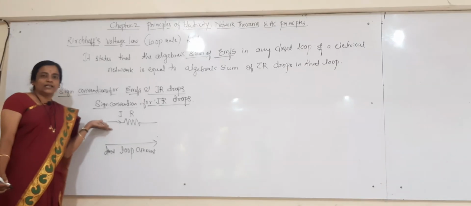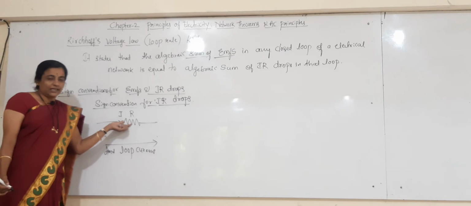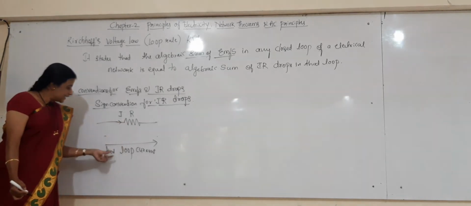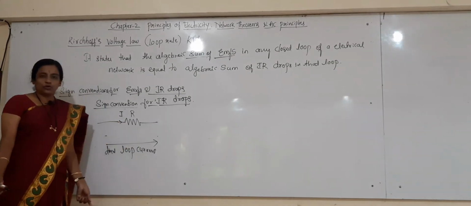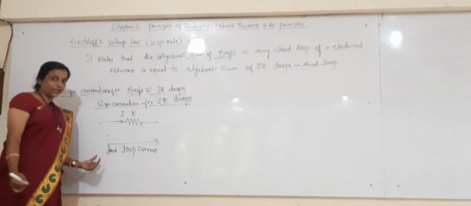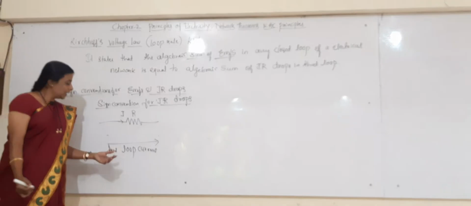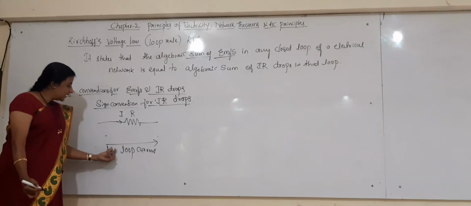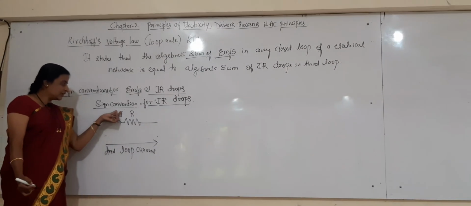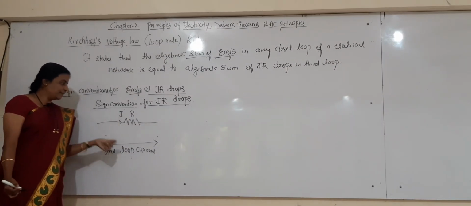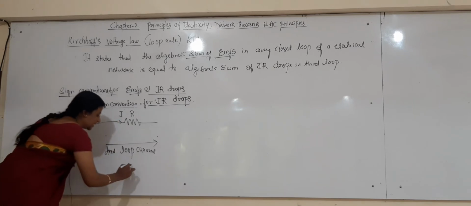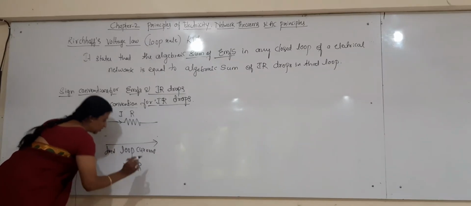For that purpose, if the current flowing through the resistor is in the same direction as that of your loop current, whatever loop current you are assuming in the circuit, so if the direction of loop current as well as current flowing through the resistor both are same, then that IR drop is taken as positive IR drop.